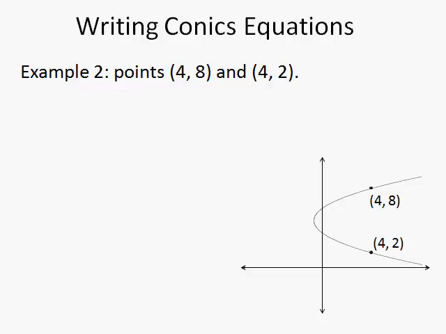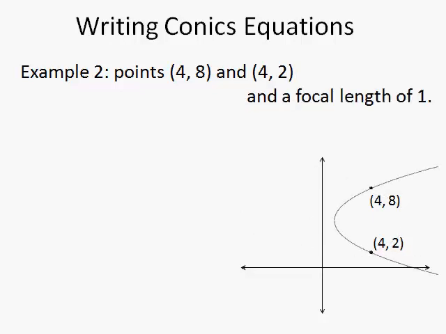Now we might be given a third point, or we might be given a vertex, but another thing we might be told is that there's a focal length of 1, and that actually is all the information we need, because in our equations we have x and y shifts and the focal length. So we're going to substitute in what we know. We know the focal length is 1, so the a is 1, so that gets rid of that parameter.